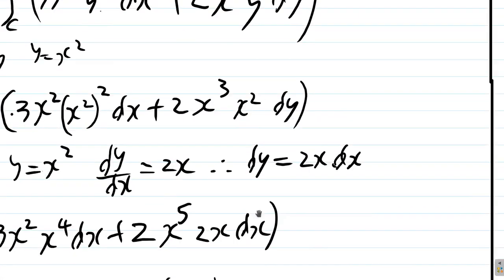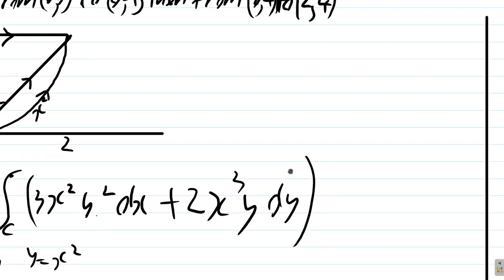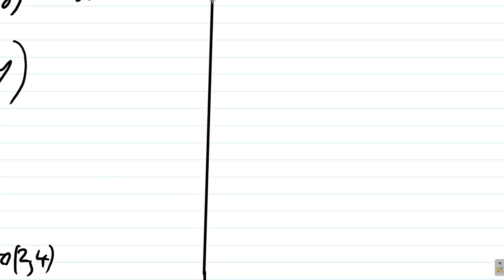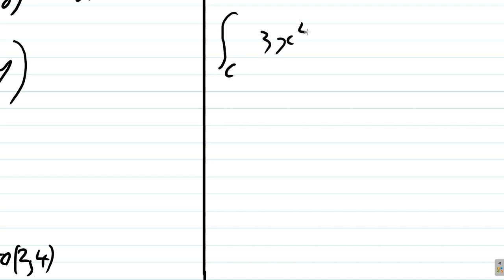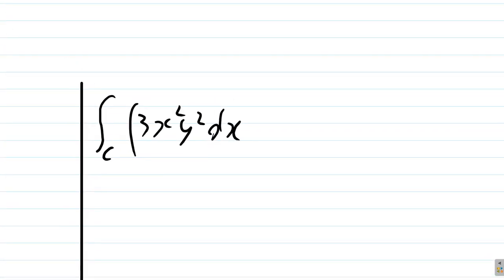Again, we have the integral along the curve of 3x squared y squared dx plus 2x cubed y dy. Alright, and this is part B we're doing now, right?